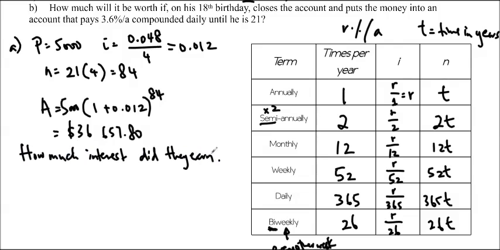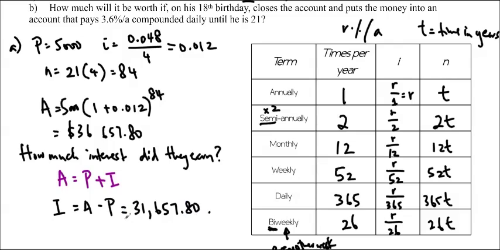The formula is the same as with simple interest, so it's going to be A equals P plus I. In this case, we're going to flip it around and do I equals A minus P. You can just type into your calculator $36,657.80, minus the original investment, 5,000, which ends up being $31,657.80. Okay, so that's how much interest they earned.